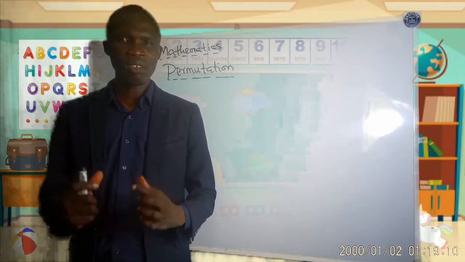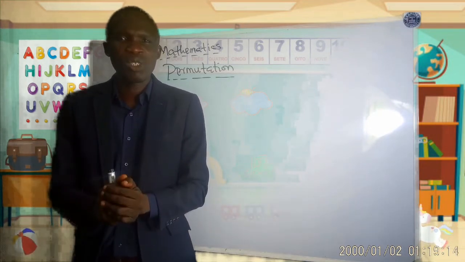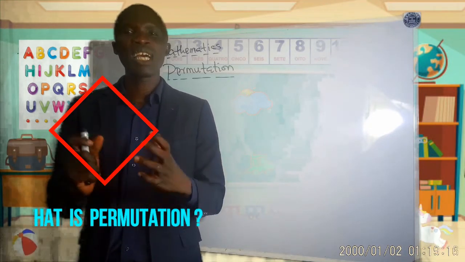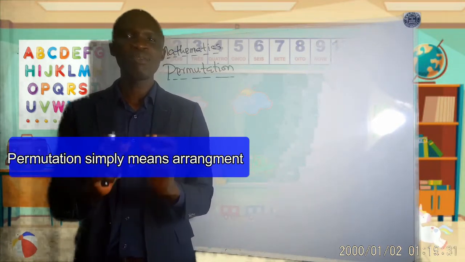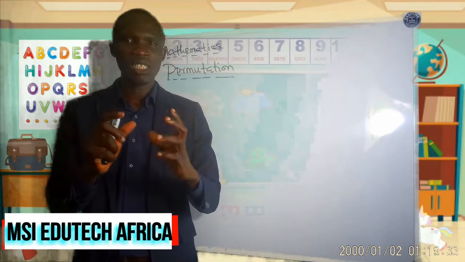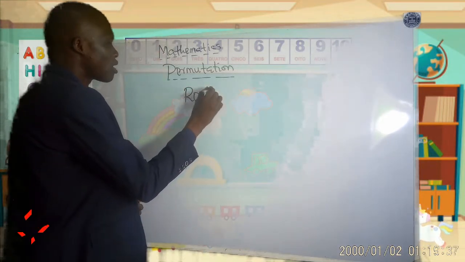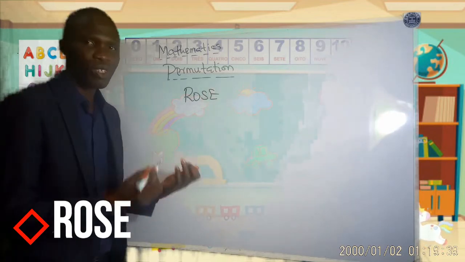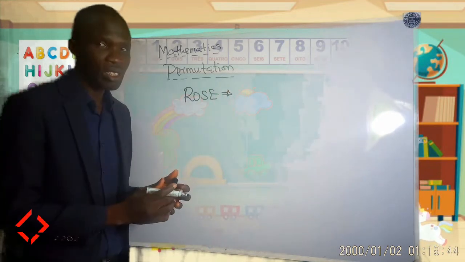Today we are going to study permutation. What is permutation? Permutation is an arrangement. What does that mean? It means you have an object. Let's say for instance you have ROSE. ROSE can be arranged in different orders.